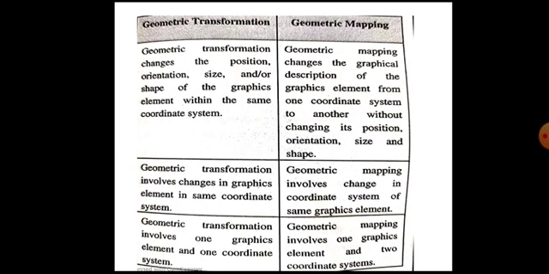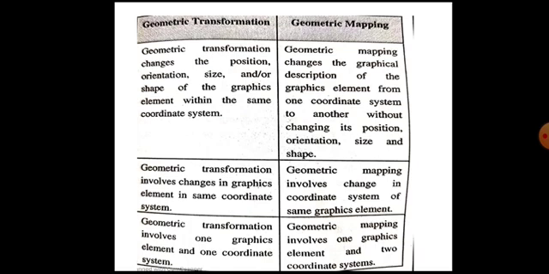Now let's discuss geometric transformation and geometric mapping. Geometric transformation changes the position, orientation, size and shape of the graphic element. Geometric mapping changes the graphical description of the graphic element from one coordinate system to another without changing its position, orientation, size and shape.